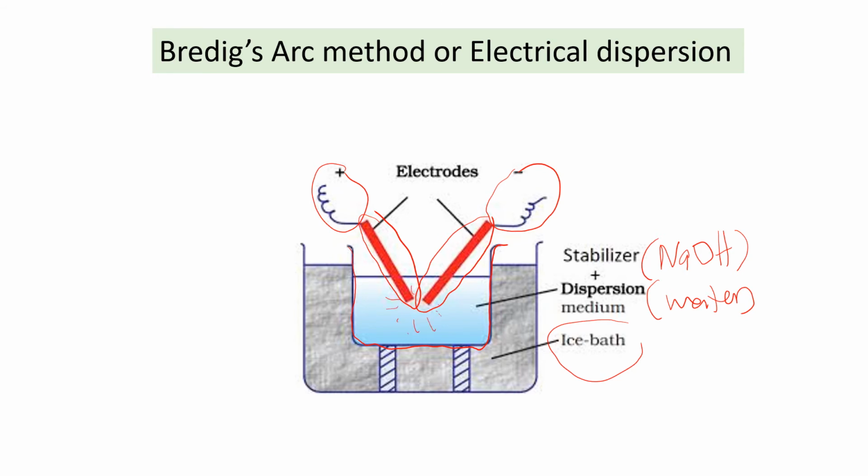The electrical charge creates large heat and melts the tip of the rods, which evaporates and is suddenly cooled by the surrounding ice, so that a metal sol forms, like silver, gold, and platinum in water.